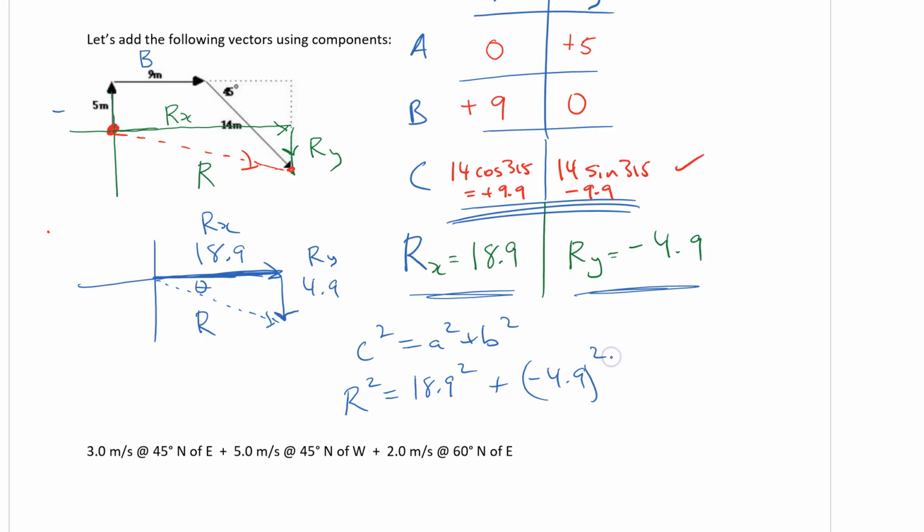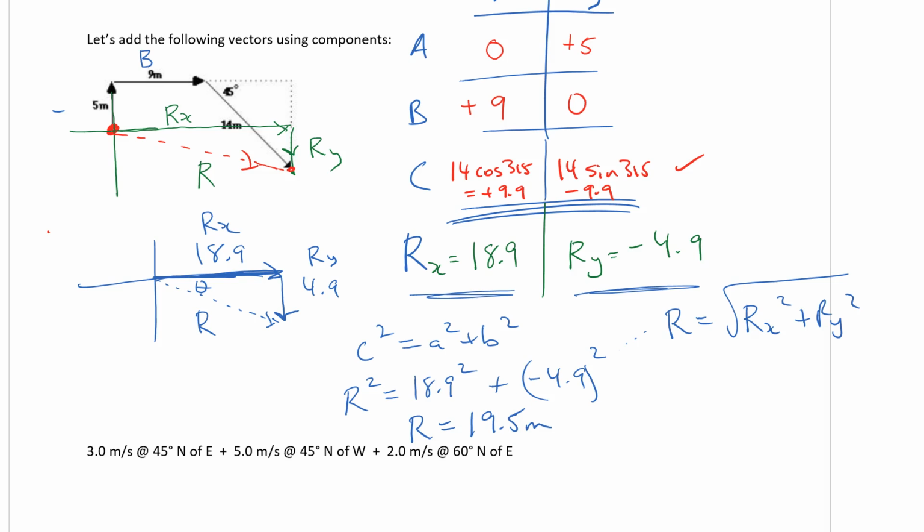I don't really have to put the negative in there because it's going to get squared. Another way to write this is to say r is going to be equal to the square root of rx squared plus ry squared. In any case, my resultant in this case is 19.5.